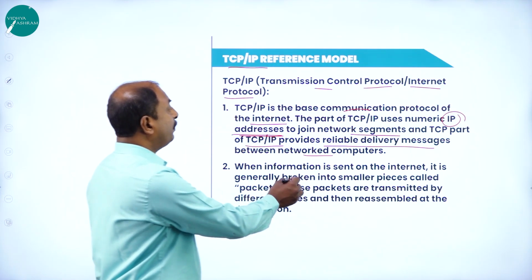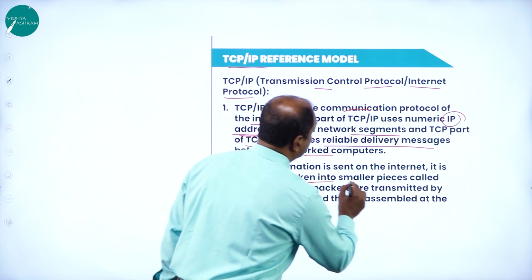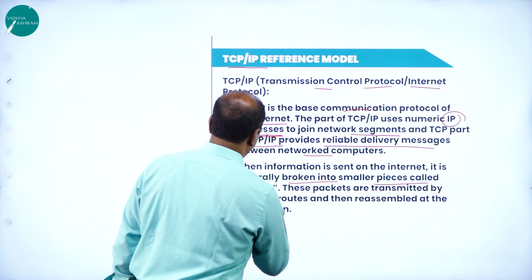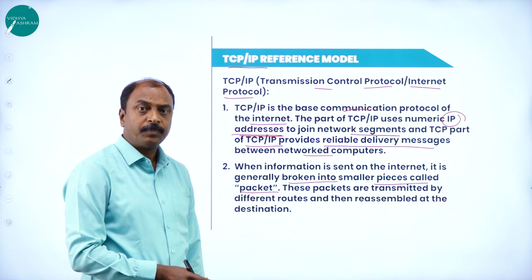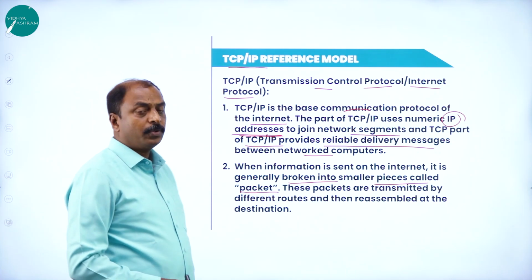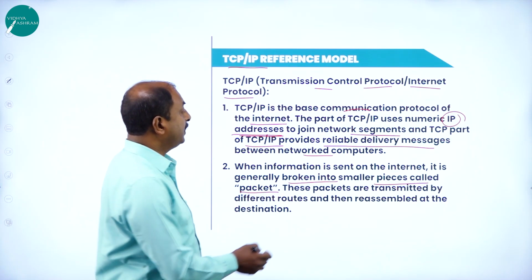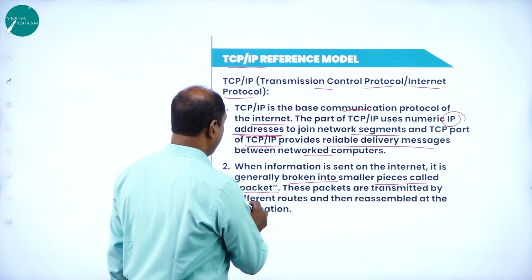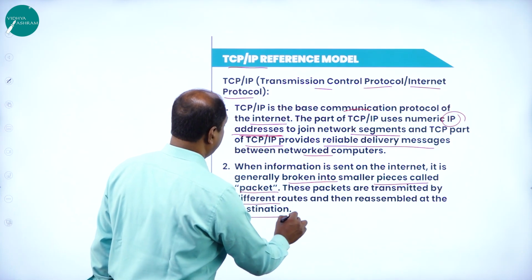When information is sent on the internet, it is generally broken down into smaller pieces called packets. We have seen in the previous slide that the data sent from a computer, the raw data, will be broken down into a number of frames, blocks and packets. These packets are transmitted by different routes and then reassembled at the destination.